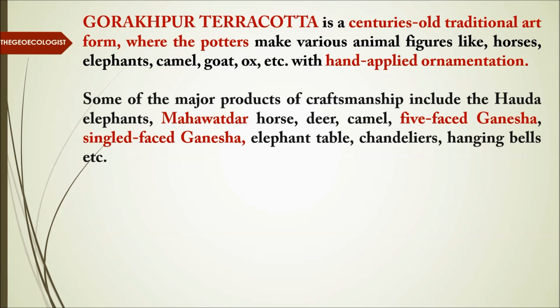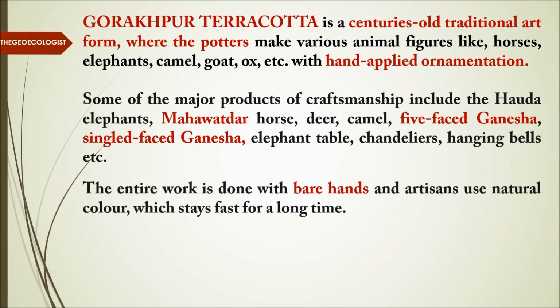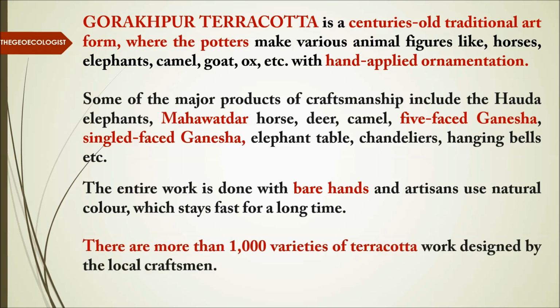All these products are the best of craftsmanship, coming from Gorakhpur, the famous place. The entire work is done with bare hands and artisans use natural colors. This is the uniqueness of this particular art, and its longevity is important, and there are 1,000 varieties of terracotta work designed by local craftsmen. This has been granted the GI tag, recently in 2020.